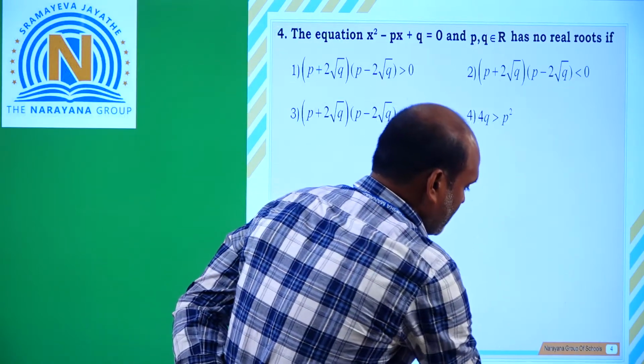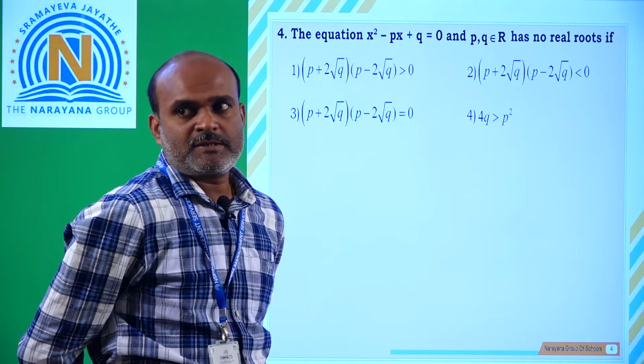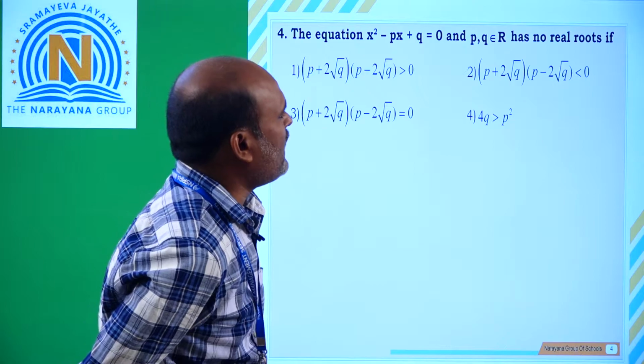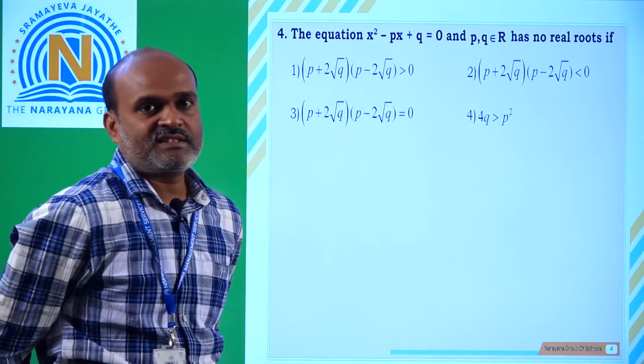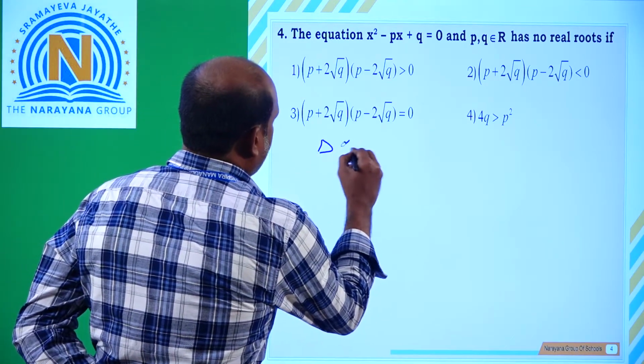Now coming to the next one, the equation x square minus px plus q equal to 0 and p comma q belongs to R has no real roots. No real roots means discriminant is less than 0. So no real roots means delta less than 0.